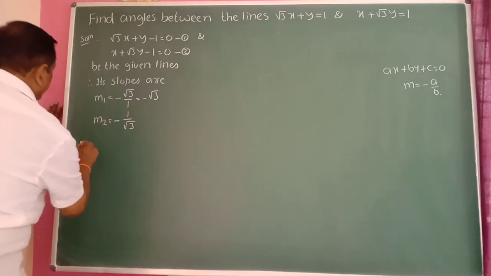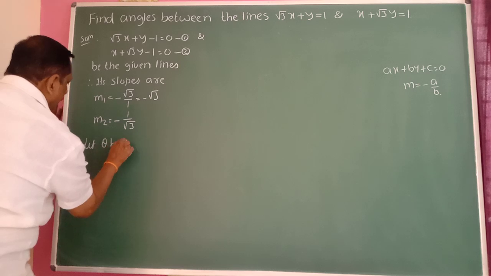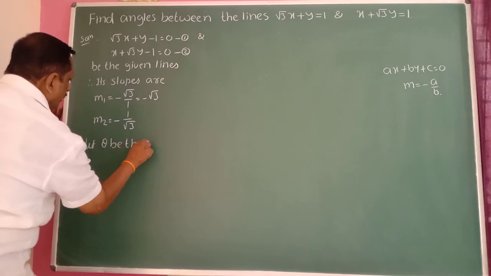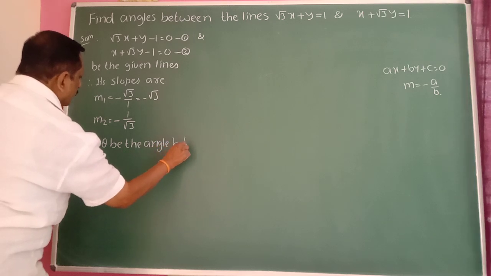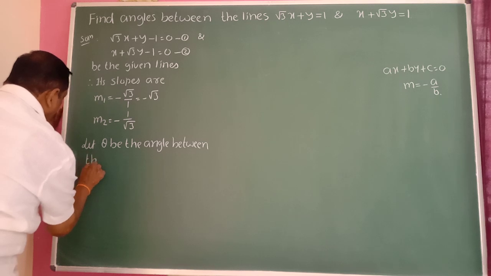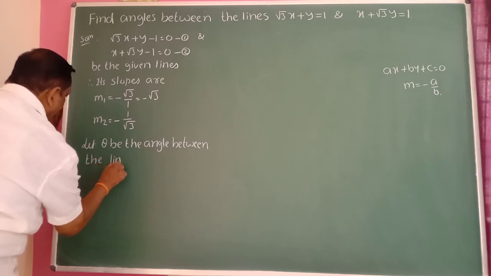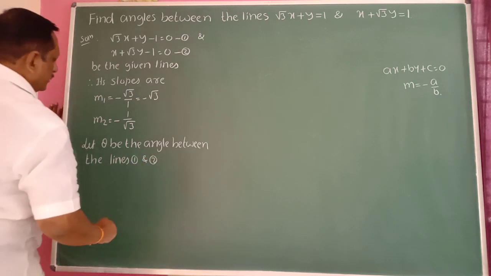Let theta be the angle between the two lines 1 and 2 here.